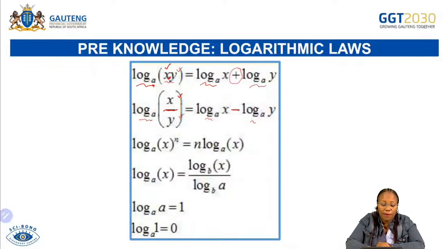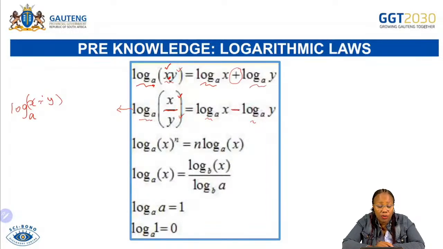Or, grade 12, this notation here can be given as the log of x base A divided by the log of y inside the bracket like that. You must know that we are talking about the same thing, so you apply the same application.